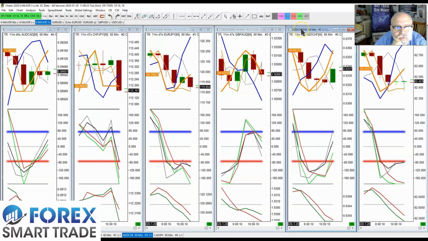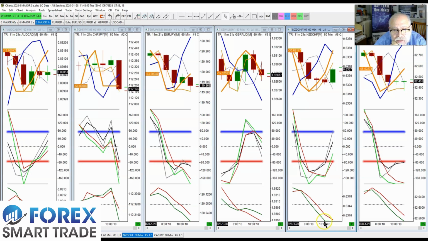New Zealand dollar Swiss franc, they're below, pointing up, and double crossed. So 3 points, 2 oranges are going up, 4, 5, 2 blues are going down. So I've got all 4 points up here. I've got downward pressure, and green is converging.